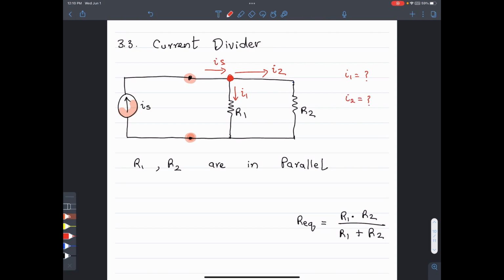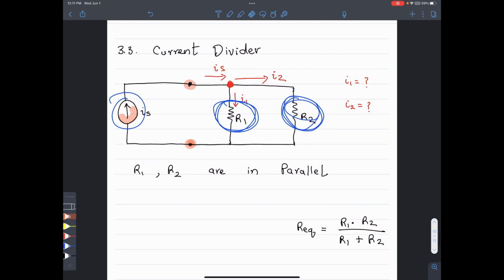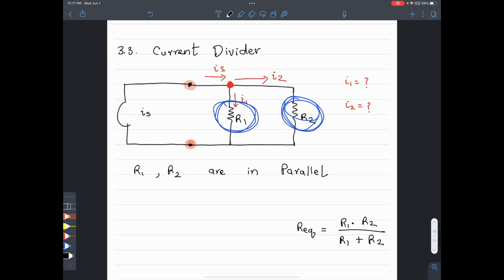Pretty straightforward. Now, the one thing that we want to bear in mind is that the resistance R1, the resistance R2, and the current source are all in parallel. All the three circuit elements are in parallel. Therefore, the voltage across all of those is the same.